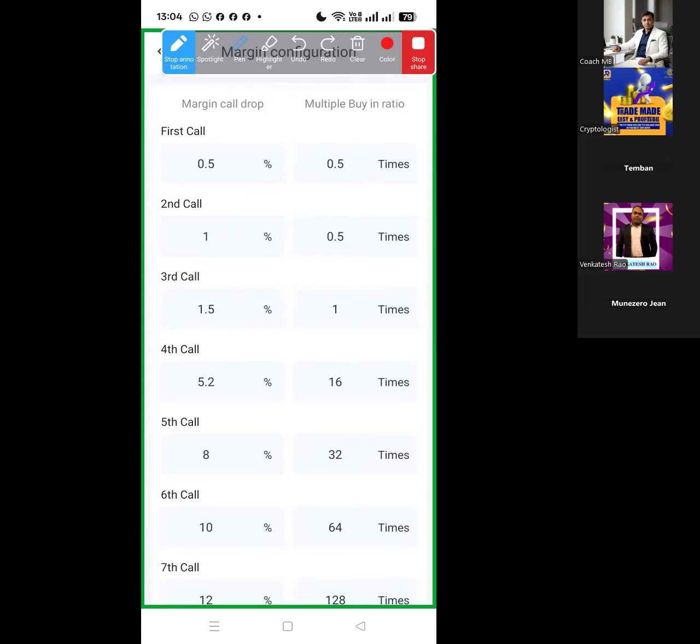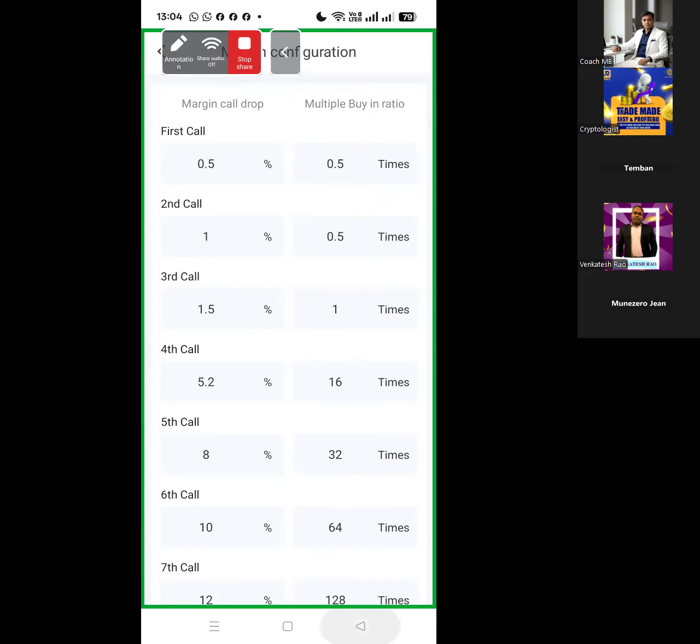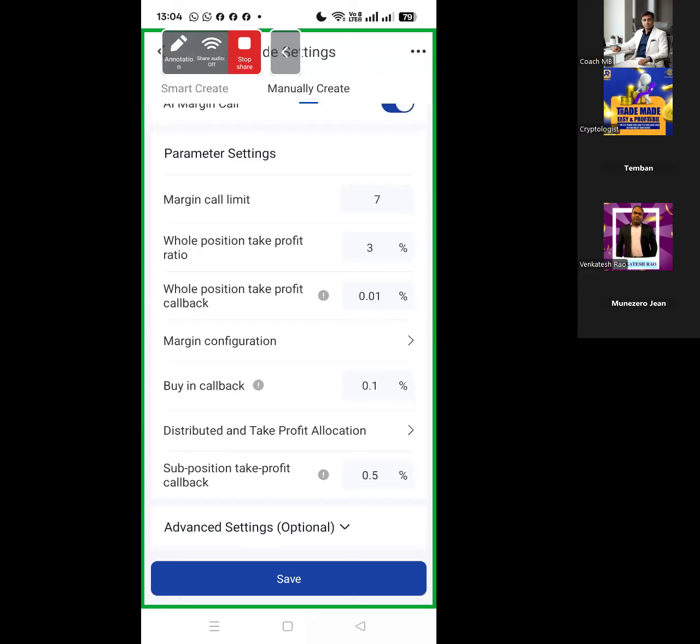So you can buy $5 here and $5 here if the first buy is a $10 amount. And now it has one time, that is $10. And now you can see here it is 16 times. I have just changed it, so I missed changing these figures. So you can put your own strategy here, right? I hope this is understood.